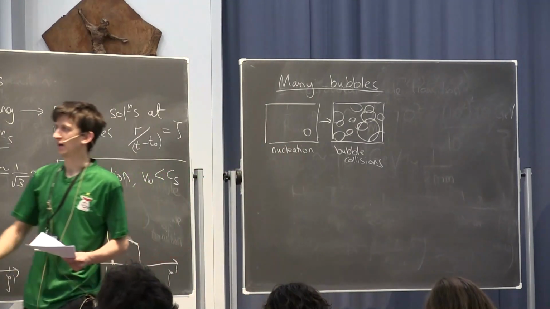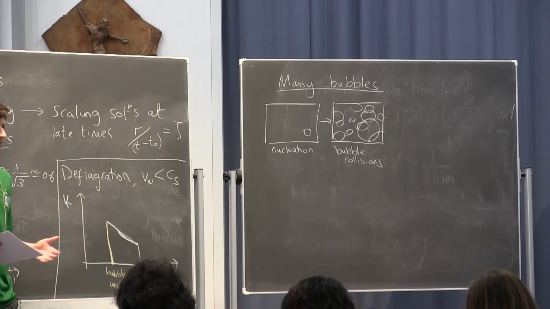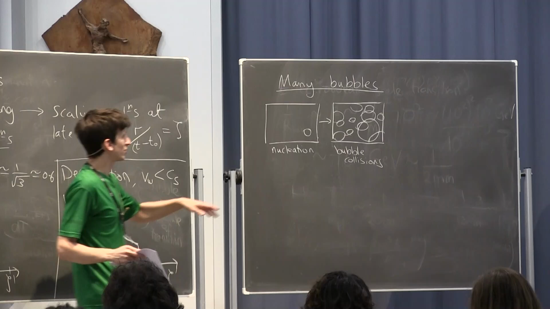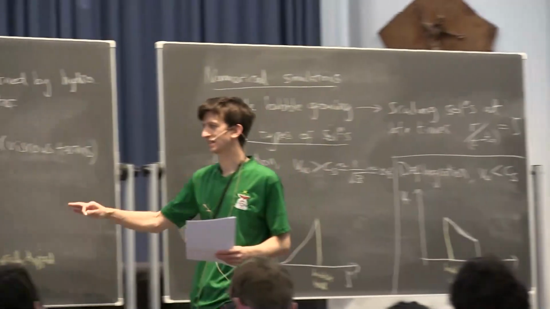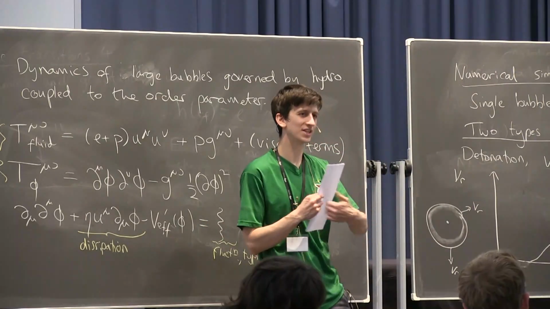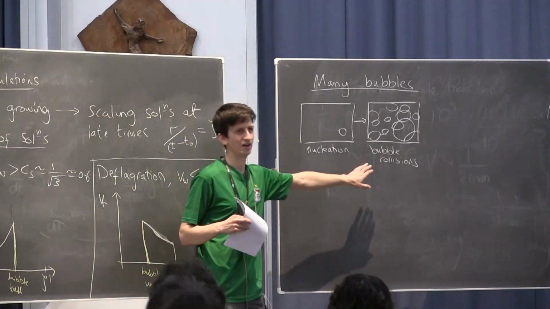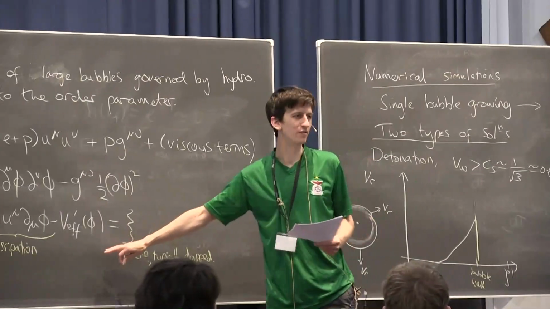However, what happens is, I mentioned before that hydrodynamics is the kind of unique long distance, long time effective field theory. That's coupled to this scalar at the beginning basically because of the initial conditions. But once the scalar starts hitting itself, it will still evolve on a quicker time scale than hydro. And this is essentially because this is a massive field.